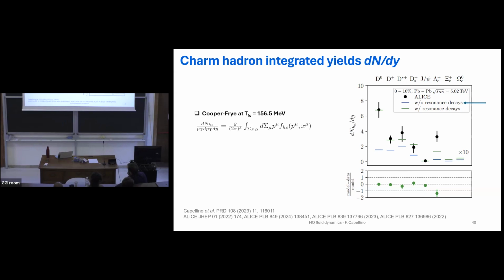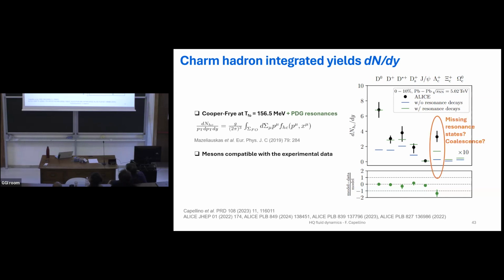With all these caveats, these are the results in blue, the ones without resonance decays feeding down. In green, when we include all the resonance decays that are present in the PDG. You see that in this case we get very close to the data, especially for the meson sector. One can see a clear deviation for the Lambda C baryon.